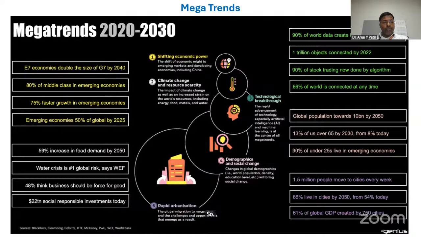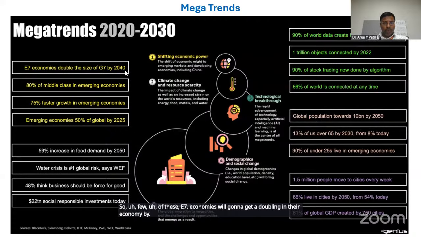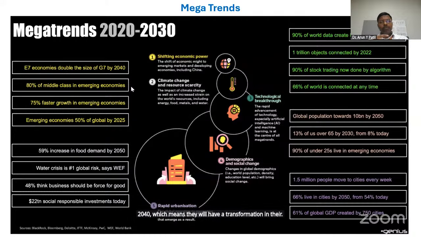So a few of these E7 economies are going to get a doubling in their economy by 2040, which means they will have a transformation in their whole business front. So this is purely based on countries such as, I can say, India, China, and Asian countries more or less, because that is where the phase shift is happening from west to east, I can say.